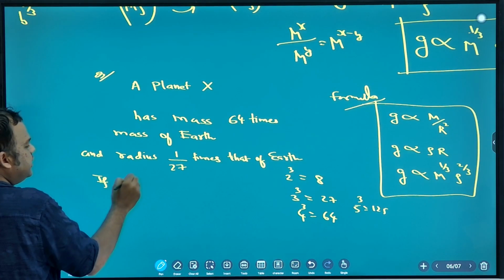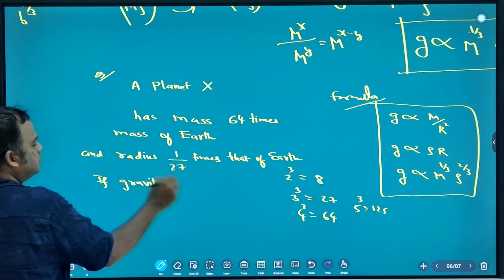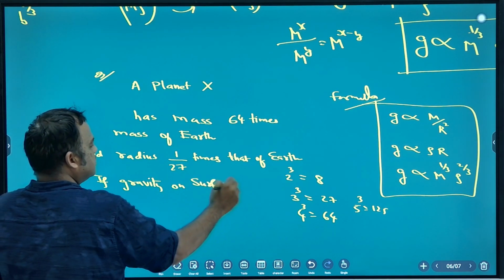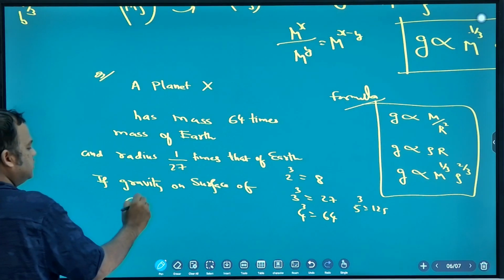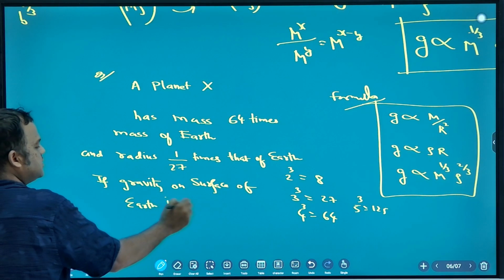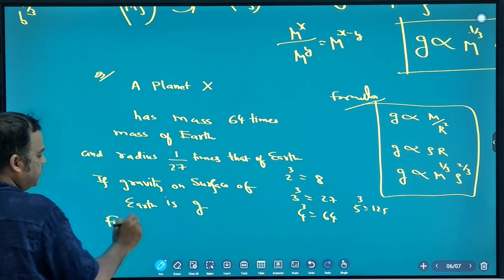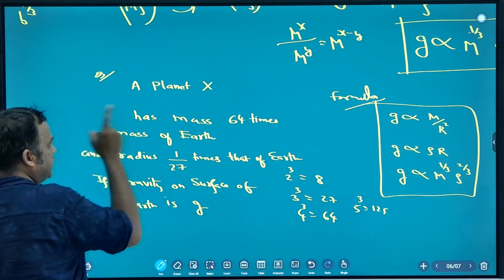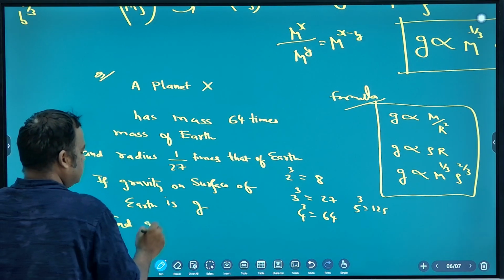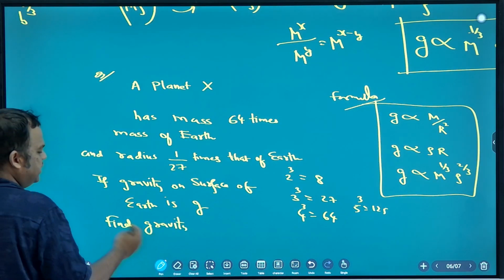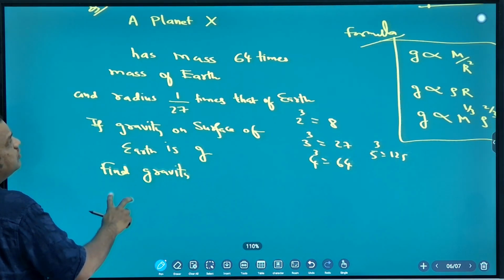If gravity on the surface of Earth is g, find gravity on the surface of planet X. Gravity means gravitational field, acceleration due to gravity. Okay, it is a short name.